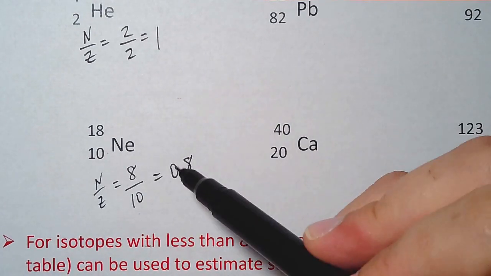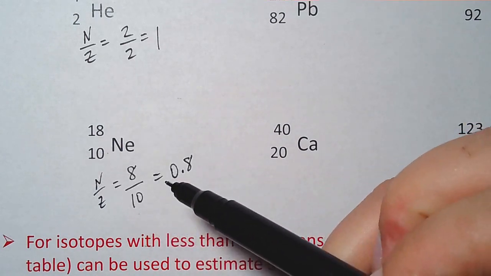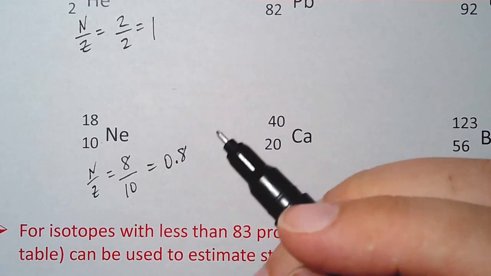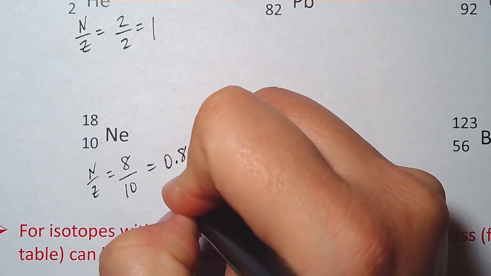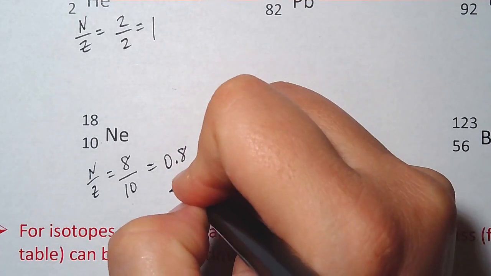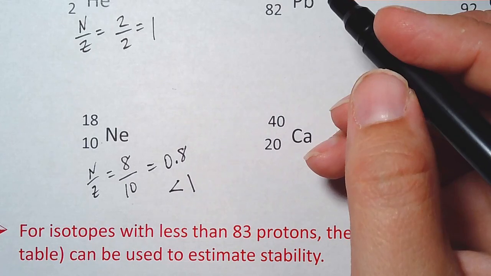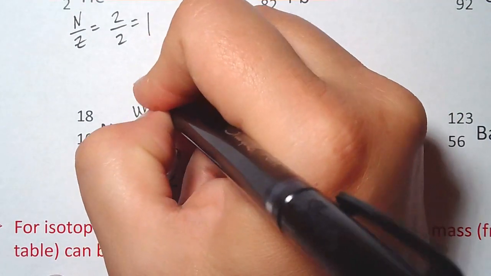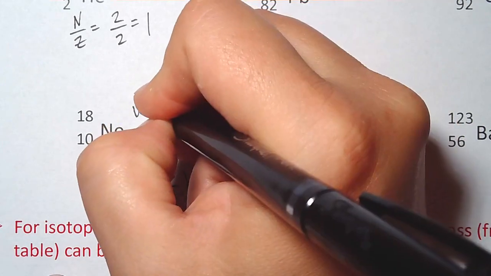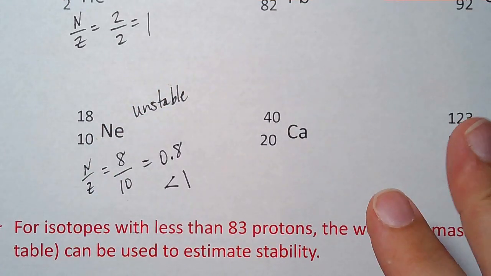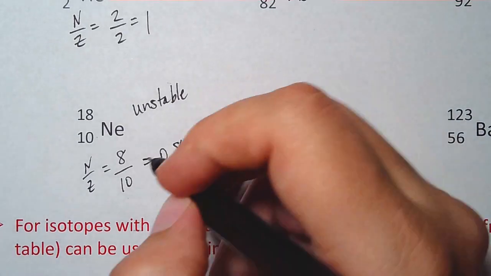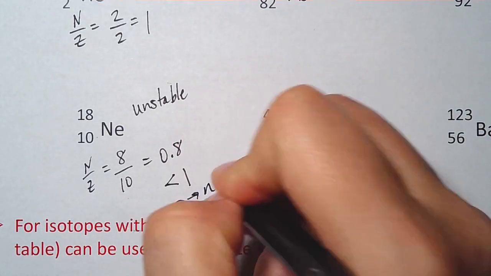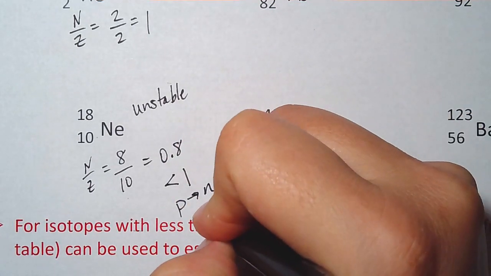This one's less than 1. So that means we're going to have some amount of decay. So these are unstable. And since the NZ ratio is too small, we need to turn protons into neutrons. So this is going to be positron emission.